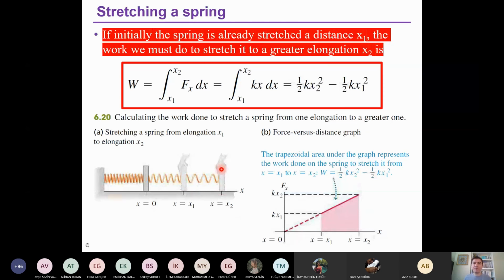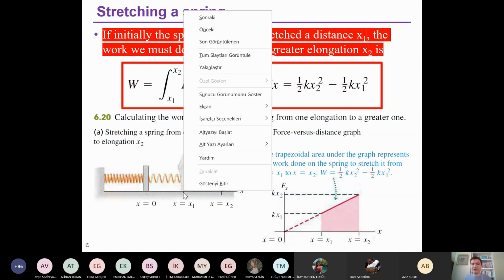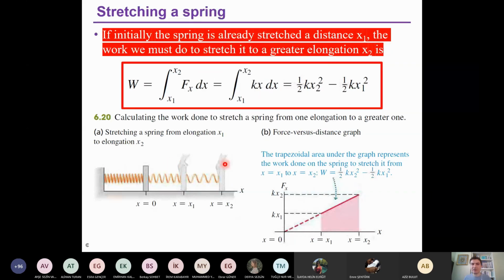So now, what about the work done on the spring? The work done on the spring to stretch it from position 1 to position 2 is given with this expression, integral from x1 to x2. Instead of F(x), just put kx, and then you will have this integral. K will go out, and if you solve this integral, you will have 1/2 kx2 squared minus 1/2 kx1 squared.